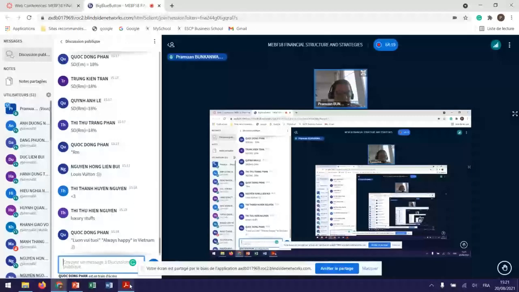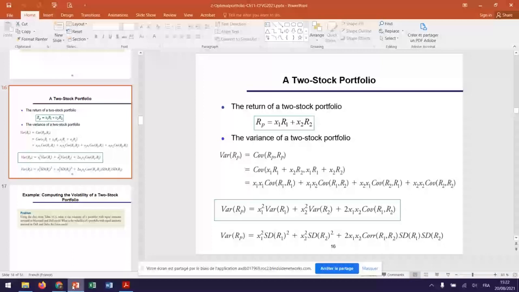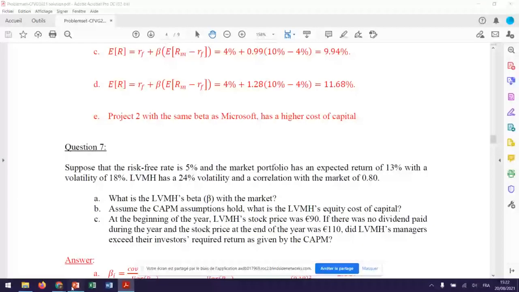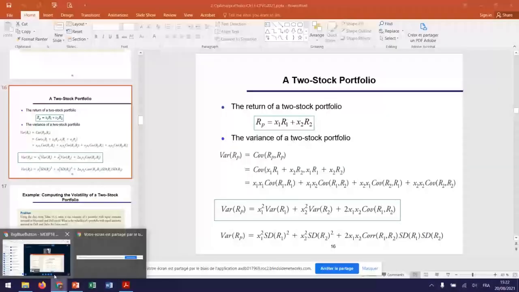How do we write it? Anyone can help me to write? LVMH volatility is 24%.